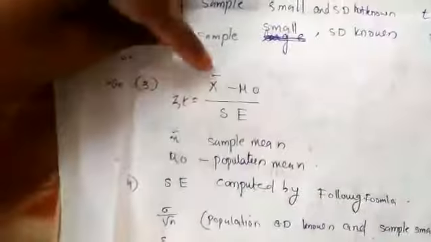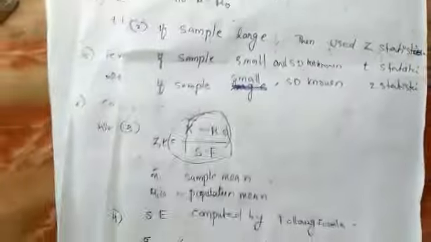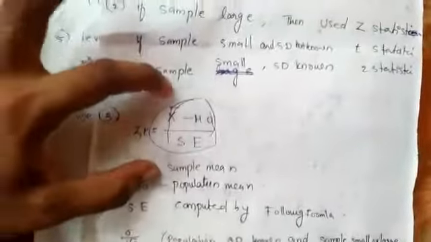Using the formula x bar minus mu naught by standard error, we get a calculated value of the corresponding statistic, Z or T. First we decide Z or T statistic, then using this formula we get a calculated value.